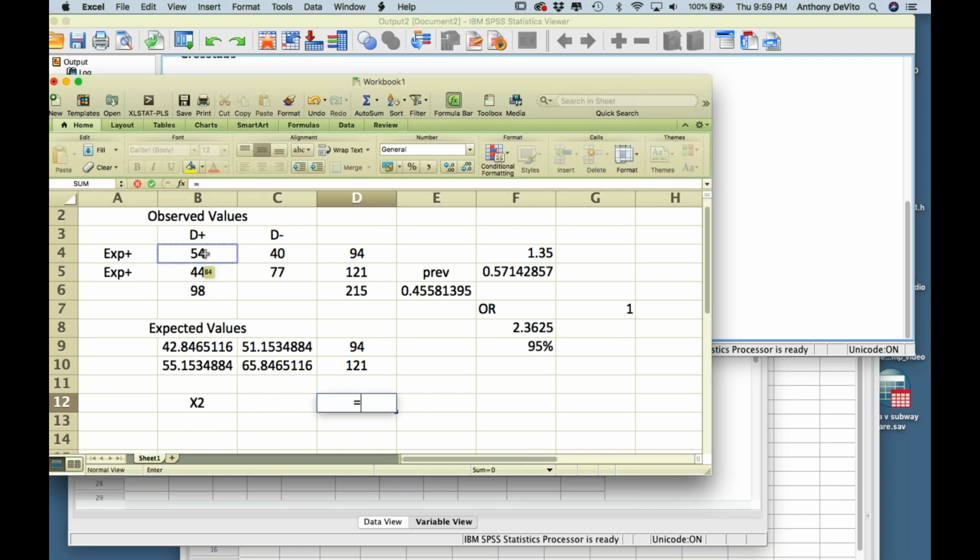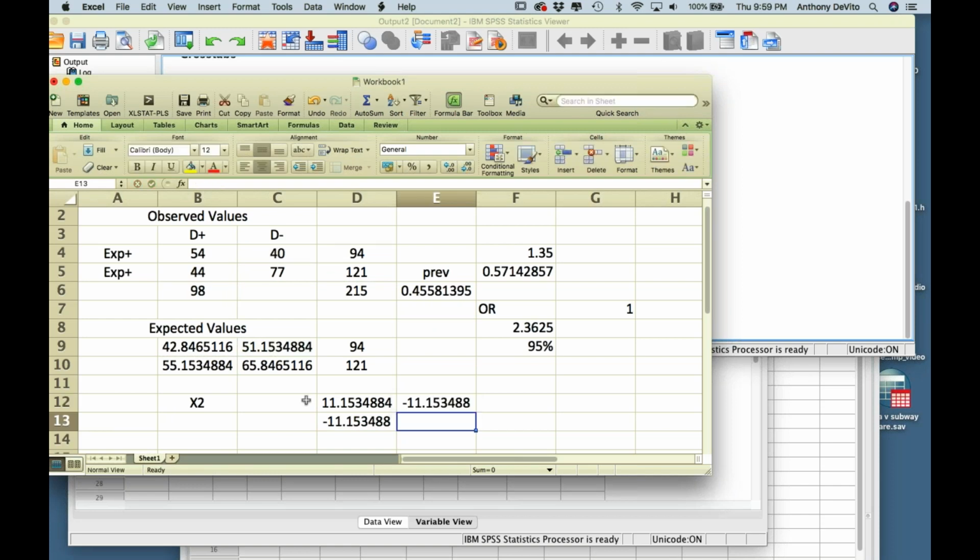The difference in this box, 54 minus 42, observed values minus expected values, is 11. And over here, the observed values for this group minus the expected values in my expected table is that difference. And this box is equal to the observed values minus what I would have expected, and this box is the observed values minus the expected values here.